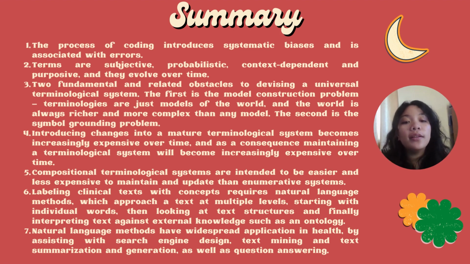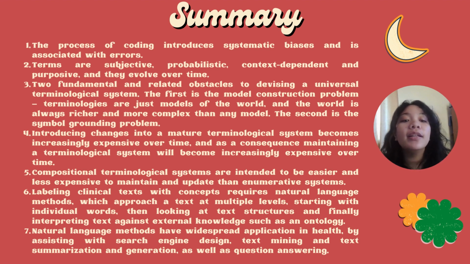The fourth one is that introducing changes into a mature terminological system becomes increasingly expensive over time, and as a consequence, maintaining a terminological system will become increasingly expensive over time. Fifth, compositional terminological systems are intended to be easier and less expensive to maintain and update than enumerative systems.